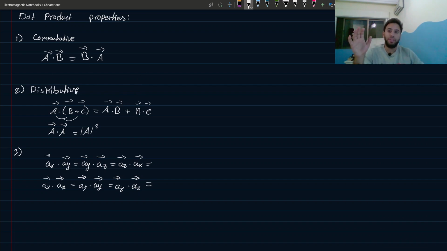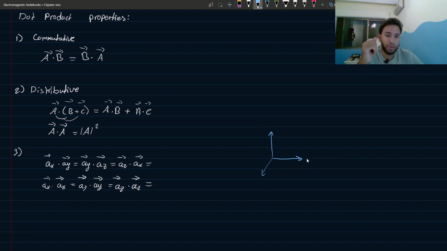Another property of the dot product is that if you multiply a vector by itself, A dot A, you get the magnitude squared as an answer. The third property is about unit vectors. Remember, as I said above, about multiplying perpendicular vectors to each other.